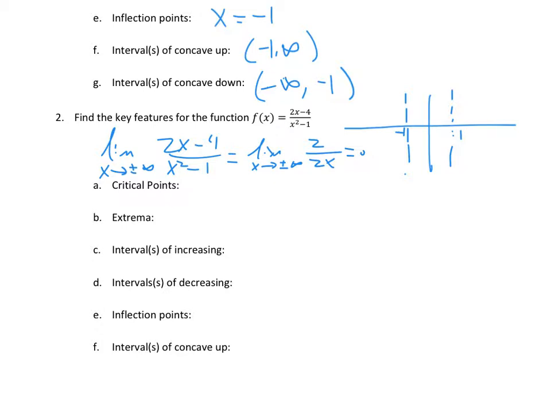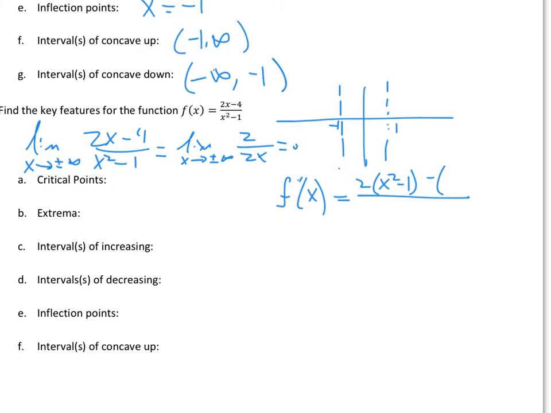Let's find some derivatives. Let's find f prime. We're going to take the derivative of the top times the bottom, minus the top times the derivative of the bottom, and we have the bottom squared. All right.